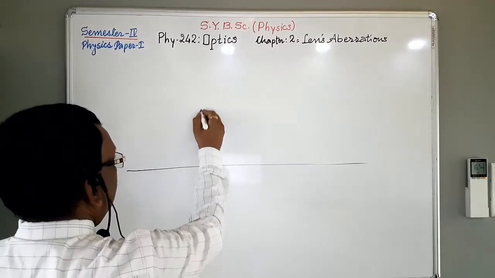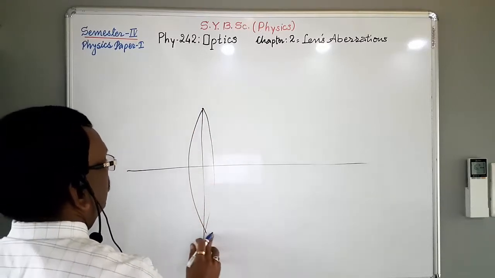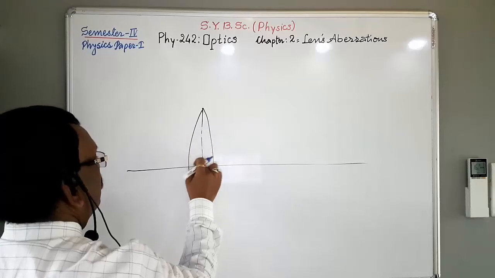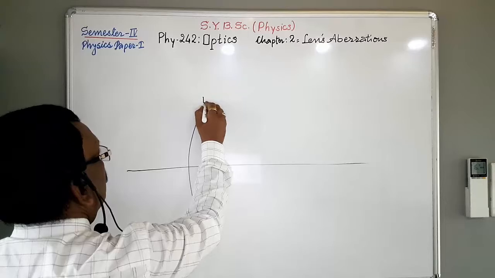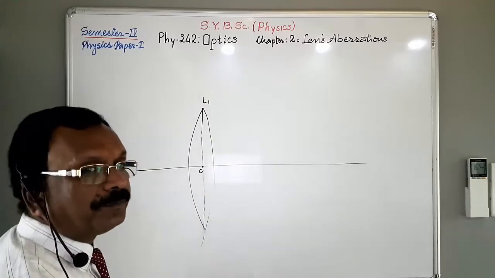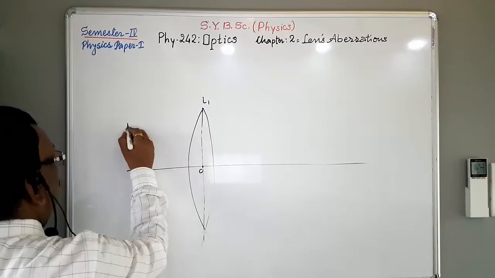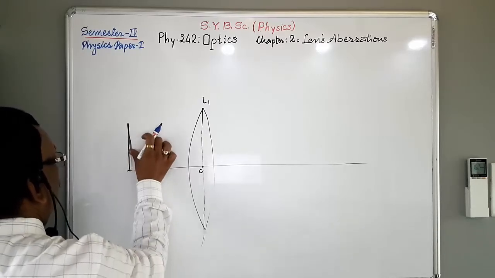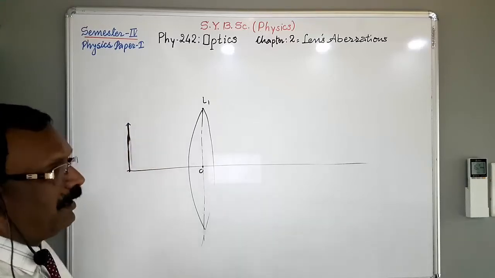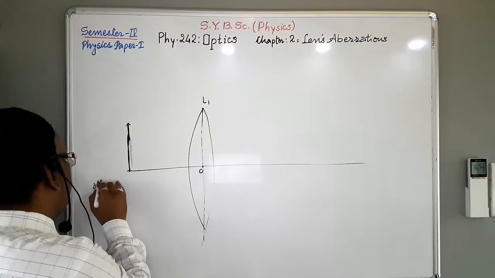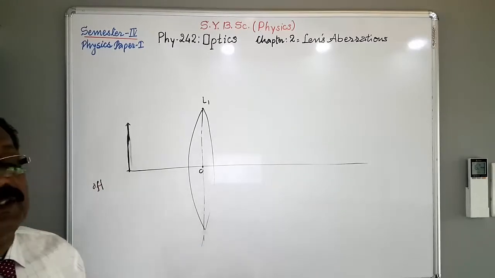this is the principal axis, this is the convex lens, a single convex lens, this is the optical center. See here, this is the object, this is not a point object. This object is not on the principal axis, but it is off the principal axis.